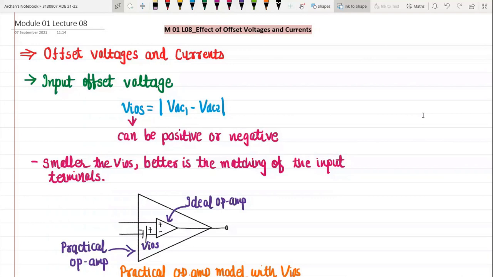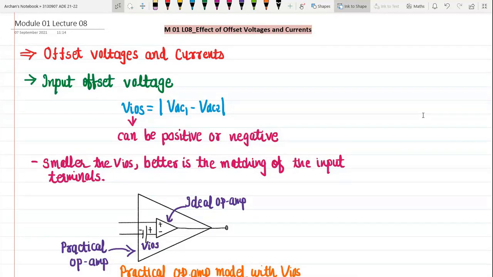Why? Because of mismatching present in the internal circuit of the operational amplifier. This voltage, though very small in magnitude, can cause an error in the practical application, right?